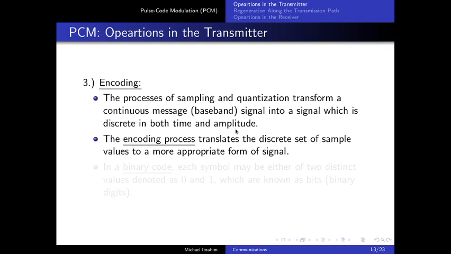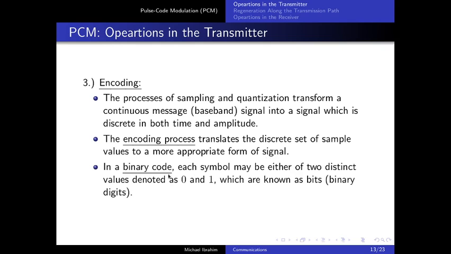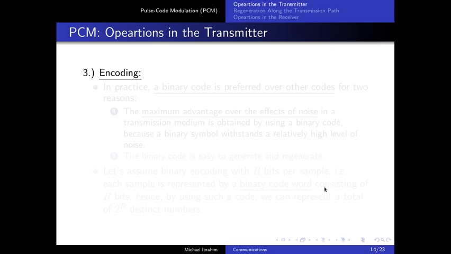The encoding process translates these discrete sampled values into a form more appropriate for transmission. And usually the binary code is used in this kind of operation. In a binary code, each symbol may be either of two distinct values, 1 or 0, which are known as the bits or the binary digits.